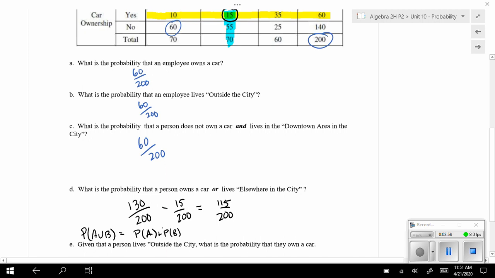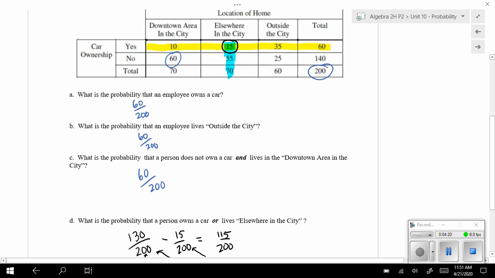So that's where the 130 out of 200 comes from. But again, we have to be mindful of the fact that we just double counted. So the A and the B are represented in that. I added those together. And then the 15 out of 200 is the overlap or the intersection.